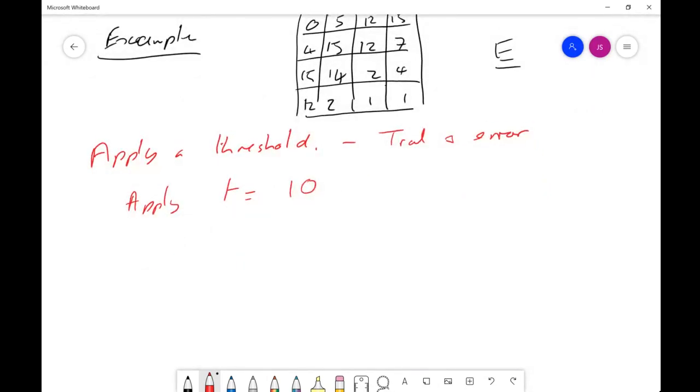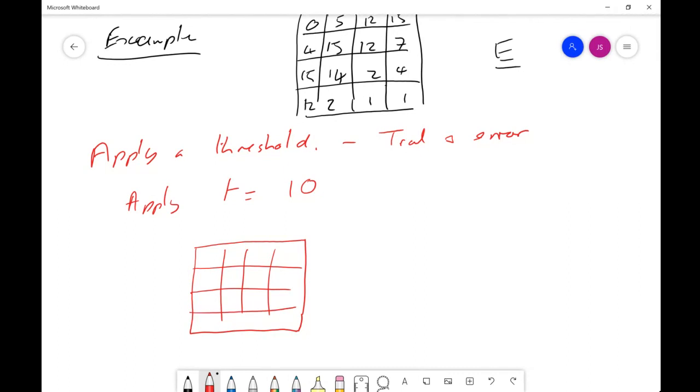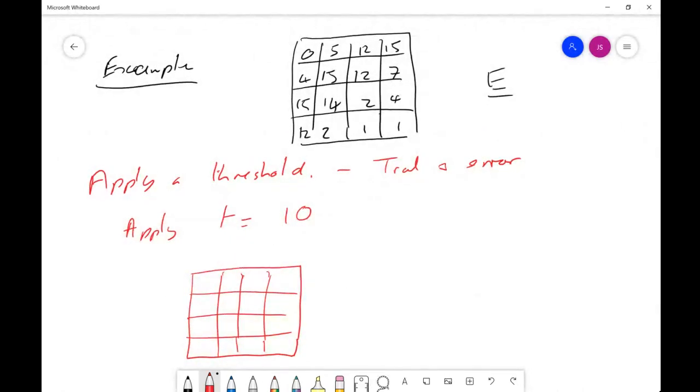And if I did that to that image, again, we will get a 4x4 image. And going through the pixels, the top row, below 10, no, yes, yes, above.